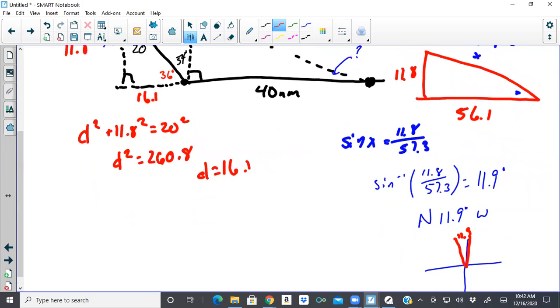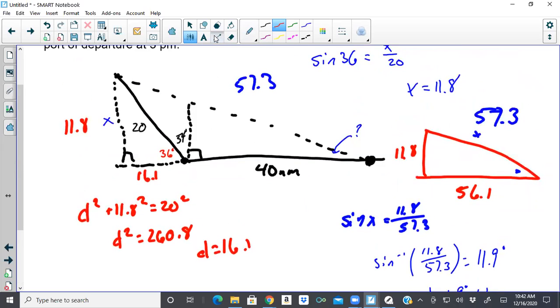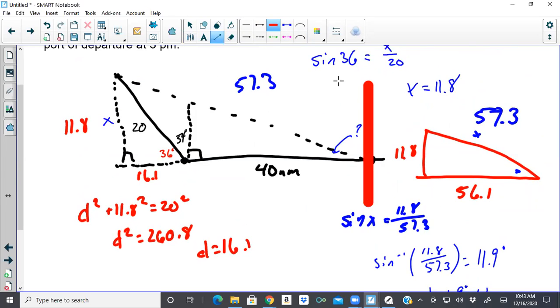So basically, if I look at this, I'm coming up with this being north right here. I want to know what this angle was right here, right? Because if that's my bearing, this would be my north line. This would be my bearing line. So I know that this is 11.9 degrees, so this thing right in here is 11.9, which means that this one right here is going to be 78.1.